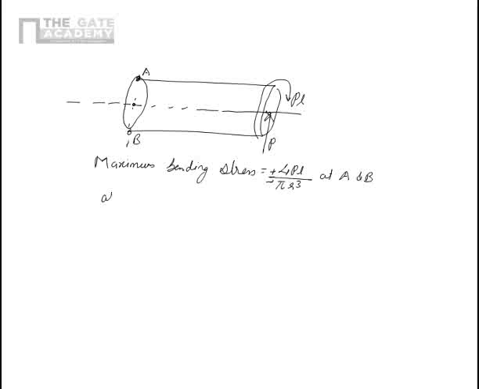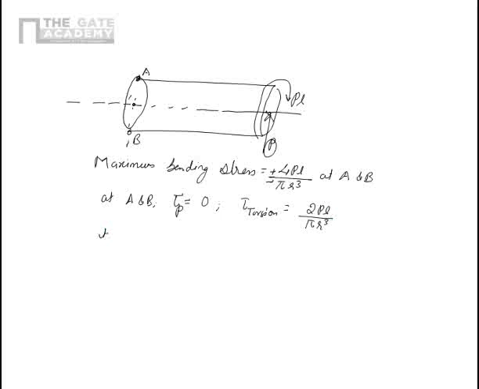Now at A and B, tau because of the P shear force is equal to 0, and tau because of torsion is equal to 2PL upon pi R cube. At A and B, this much torsion is occurring.